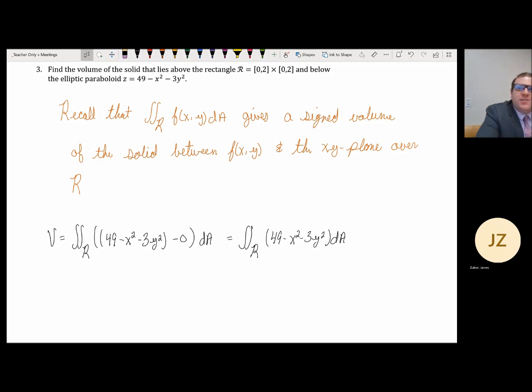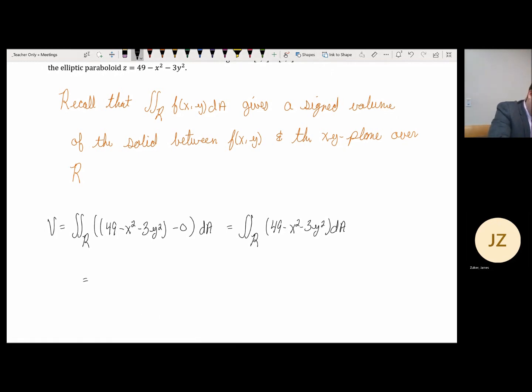We now need to set that integral up as an iterated integral. Right? So again, you want to ask yourself, what order do we want to do? dy dx or dx dy? Doesn't matter. We can go with dy dx.